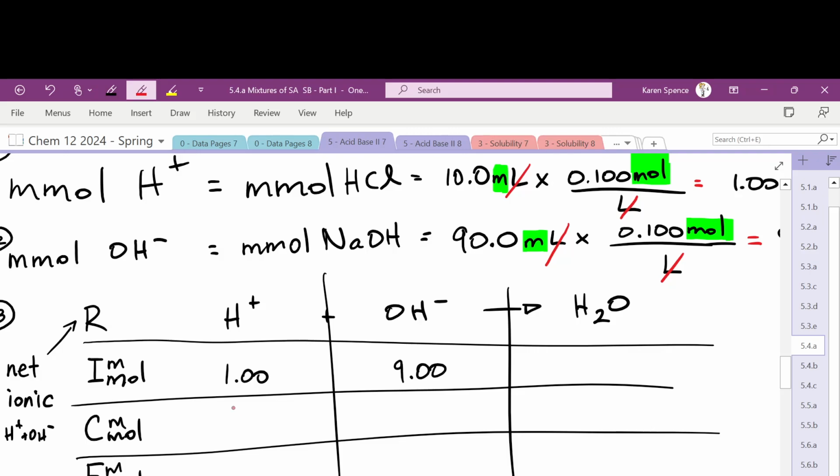Okay, so I determine who is the smallest, and so we're going to subtract the smallest. And so we end up with 0 of our limiting reactant, and we end up with 8 of our other reactant.